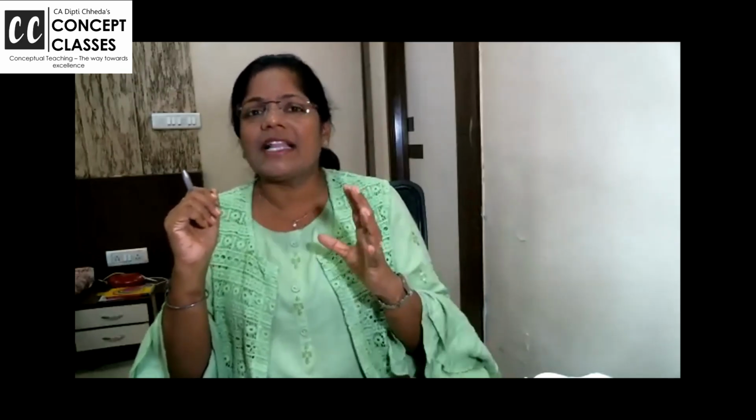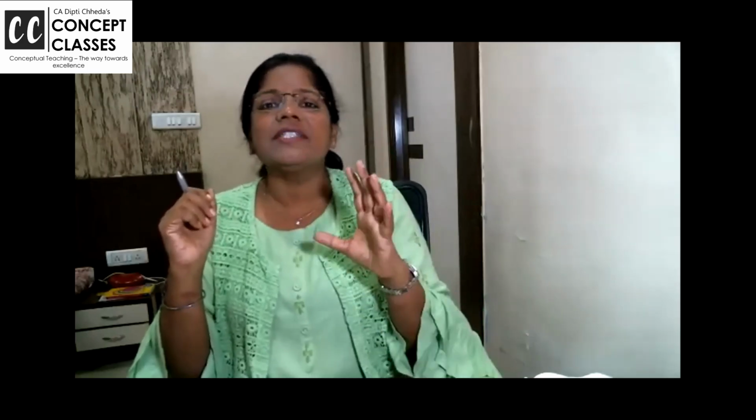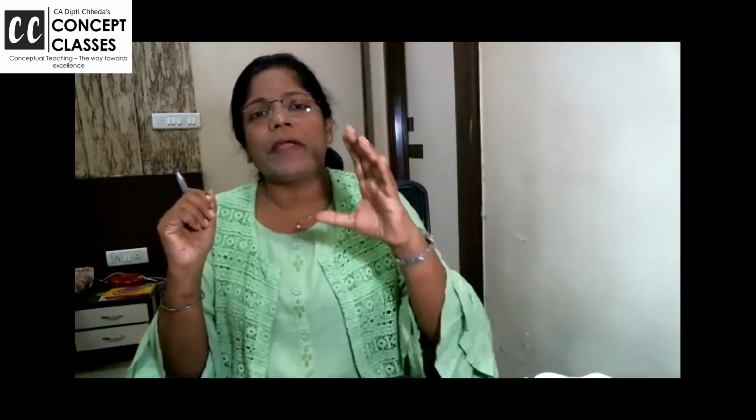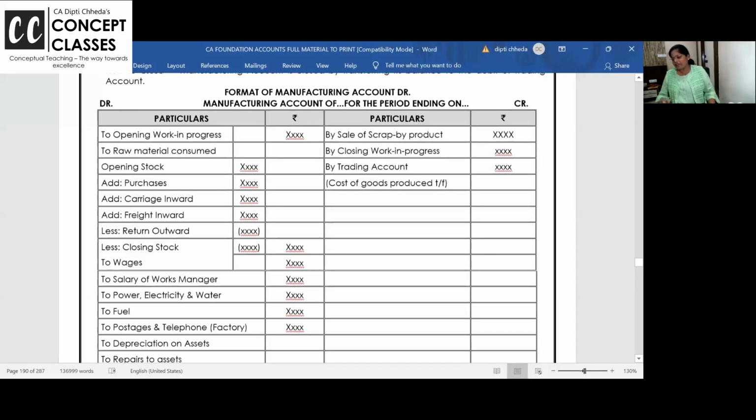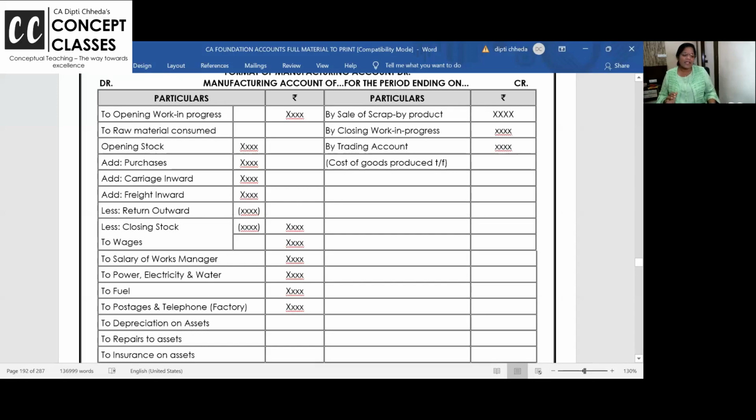Right now, in today's class, a separate 5 marks question is asked on how to prepare the manufacturing account. So I am beginning here with the format. Check with me, and if you have any doubt, you can ask me. We are doing unit 2 now, of the 7th chapter. This is the format of the manufacturing account I discussed yesterday. I want to revise it and then let us start. Opening work in progress. Raw material consumed.